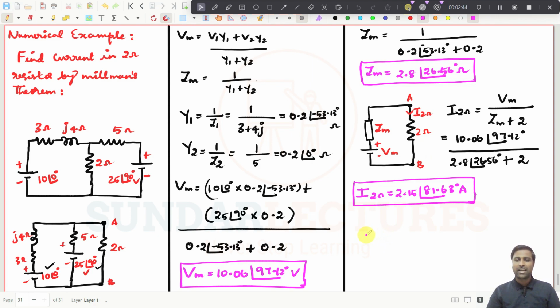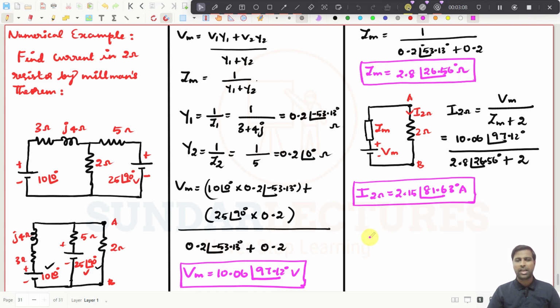So we will take another lecture on theorems, because we have seen DC circuit problems, and we have also seen dependent source problems for the superposition theorem, Norton's theorem and Thevenin's theorem. We have not taken an AC circuit problem.